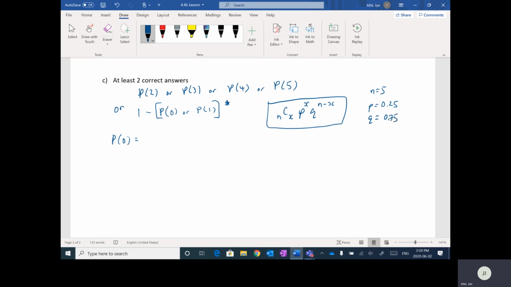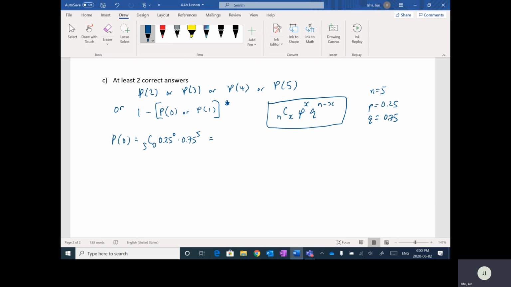So if I plug that in, what do I have here? 5 choose 0, times 0.25 to the 0 power, times 0.75 to the 5th power.